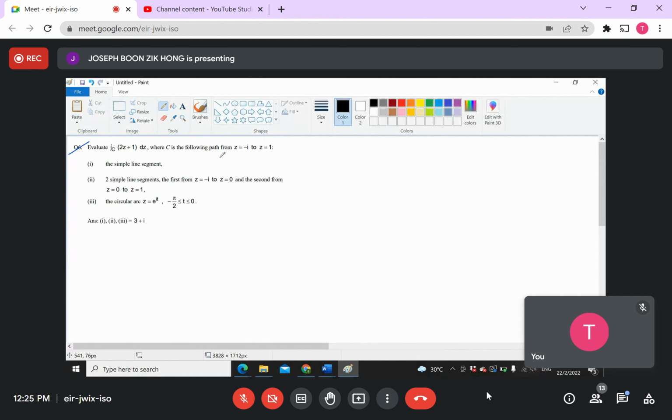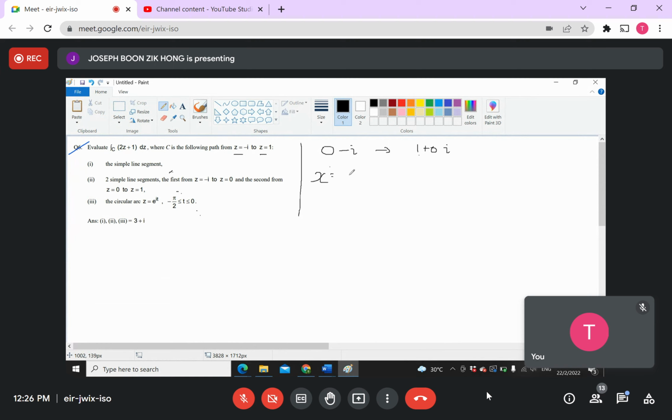Okay, so now we have a look for z. I want to find the z, so we do the x first. So it is from 0 minus i into 1 plus 0i. So for the x, 1 minus 0, so t, and then plus 0, so x equal to t.